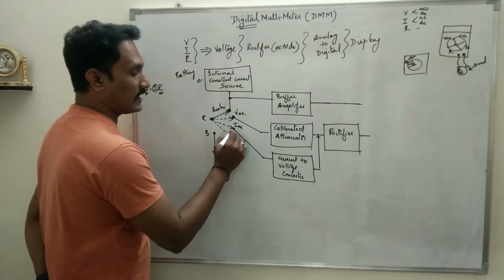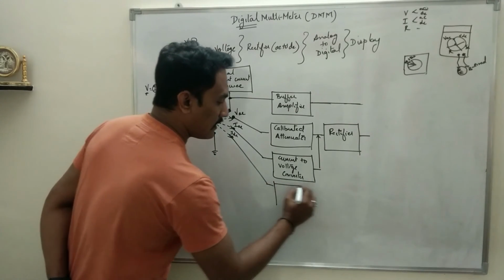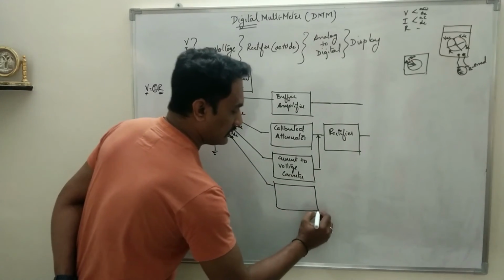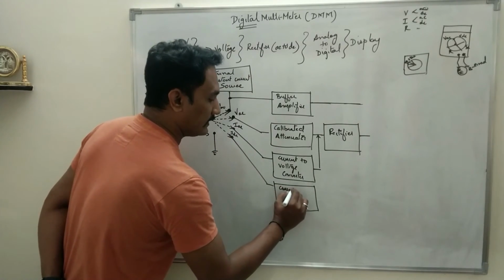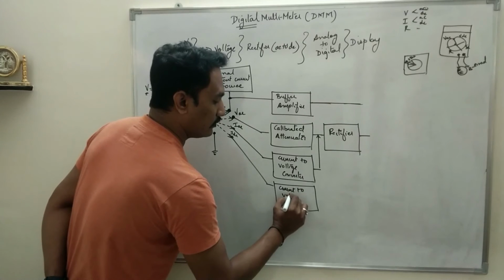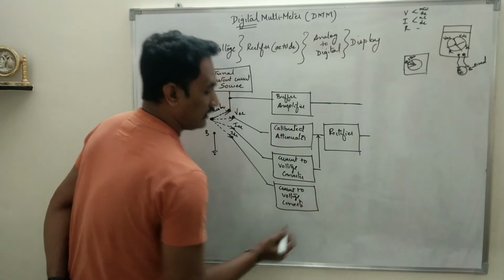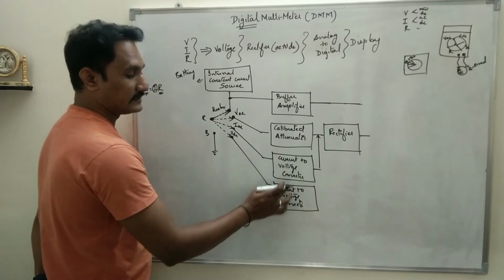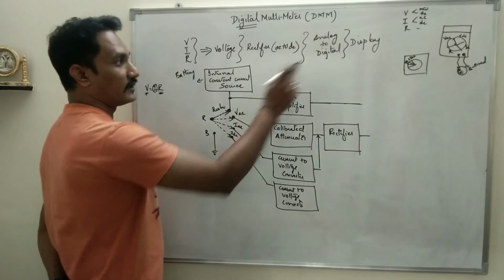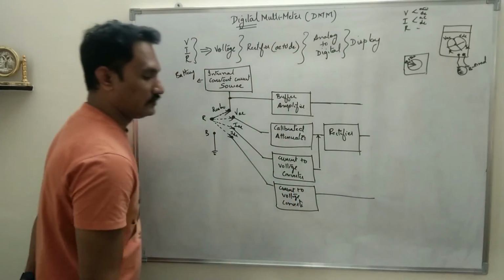Next is IDC. IDC, of course it is current, so we have to use a current to voltage converter, exactly similar to what we have done for IAC. Now it is IDC, you don't have to convert it into DC, so directly we can give it to the analog to digital converter.